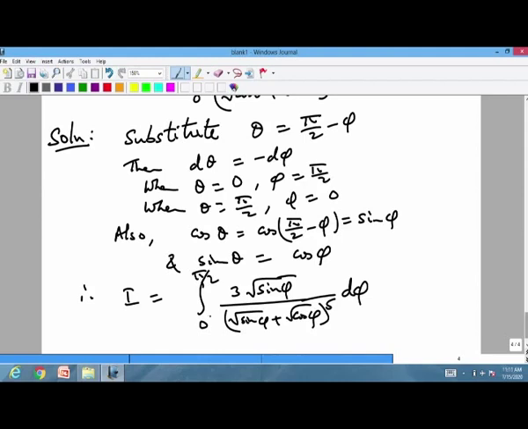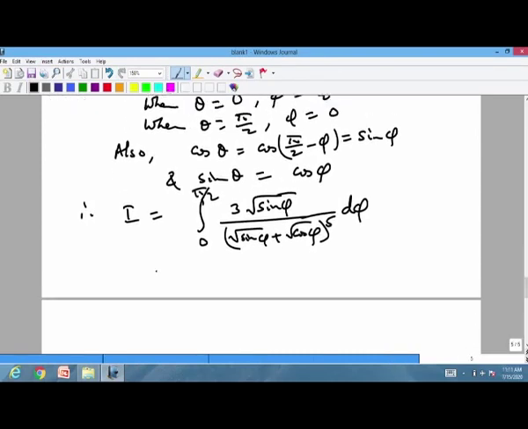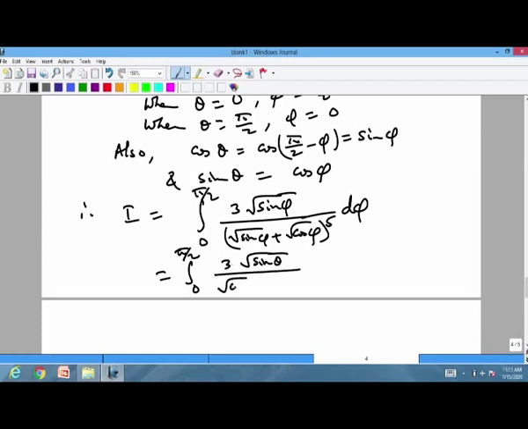The integral will be from pi by 2 to 0 and then we will have minus d phi, and then the minus of this integral can be written as integral from 0 to pi by 2 of this. Again this integral, instead of phi I can use theta. So, this can also be written as 0 to pi by 2 of 3 square root of sin theta divided by square root of cos theta plus square root of sin theta, whole raised to power 5, d theta.